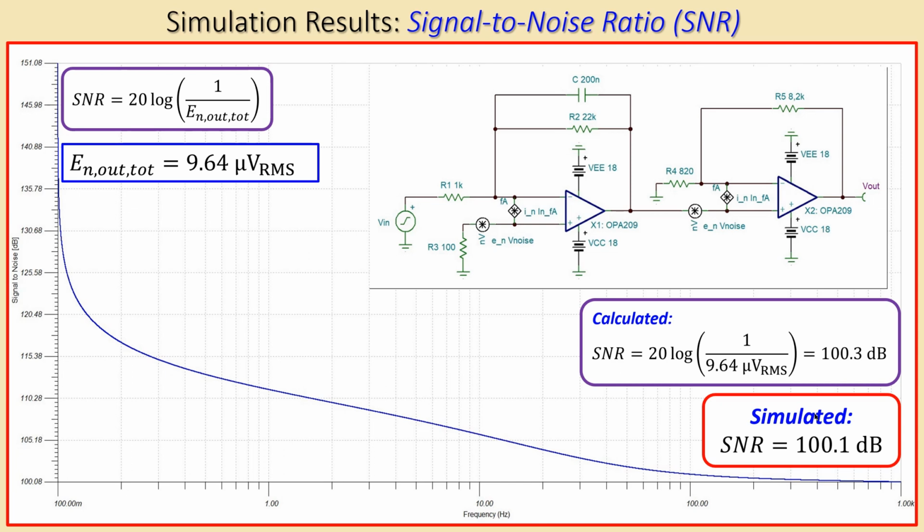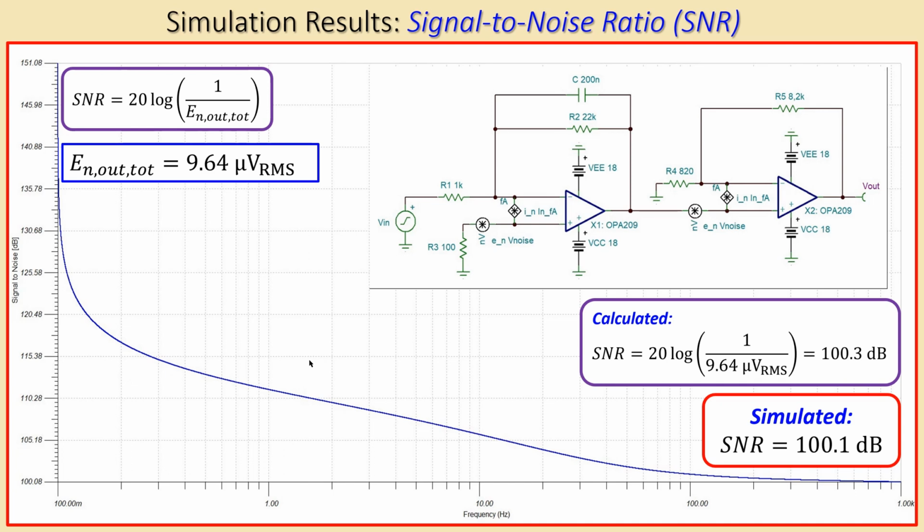In this example, example number 10, we have seen a two-stage amplifier with a feedback capacitor, which will create a pole which will dominate your circuit. And since there is a capacitor, we have seen that the total output RMS noise voltage will be determined using the rule of thumb of 10 times, so 1 decade after the cutoff frequency, and that will be our value for our total output noise voltage in RMS.